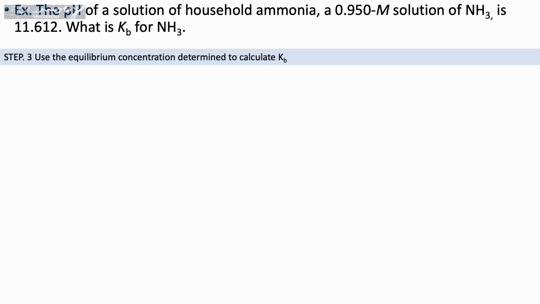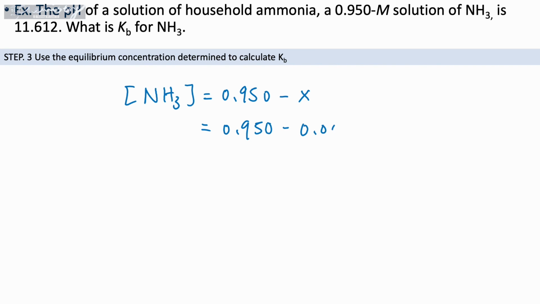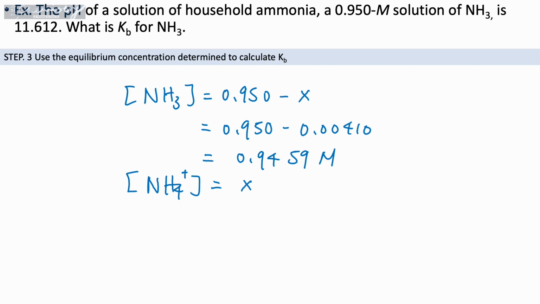To find Kb, as we talked about before, we are going to need the equilibrium concentration of ammonia, which is equal to 0.950 minus x, and where x is equal to 0.00410 as we determined, it is going to be 0.9459 molar.